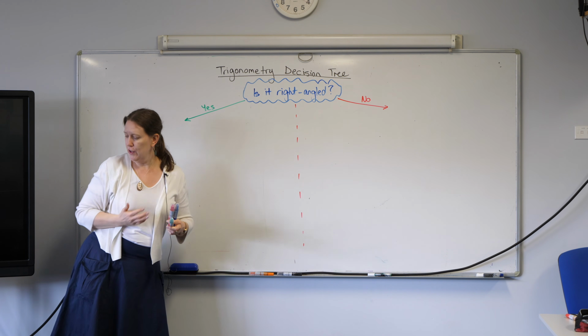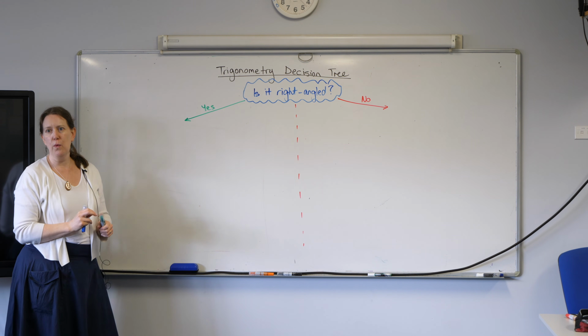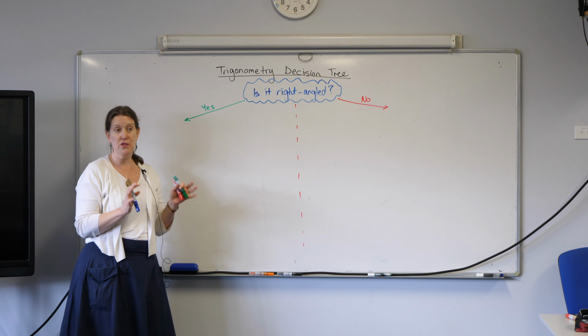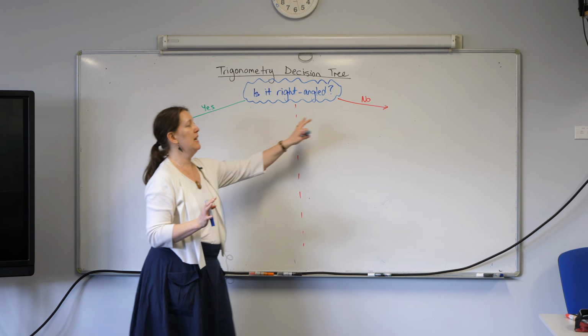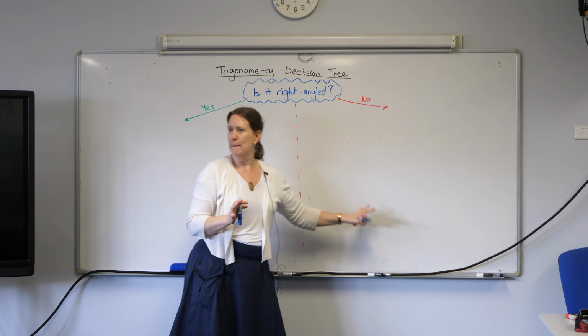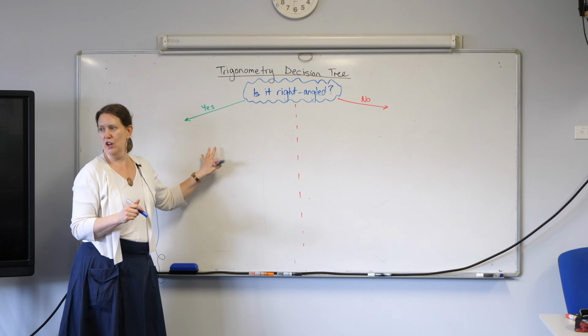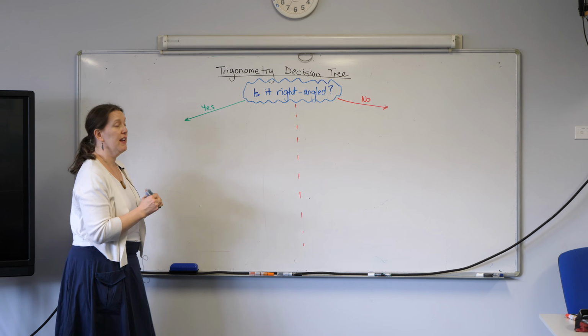Right. Let's focus on our yes. And yes is the one that I find students really struggle with because they immediately want to run down this line. But sometimes we give you really lovely, nice questions that deal with right angle triangles.